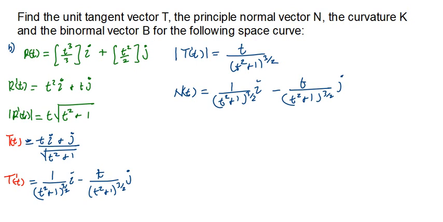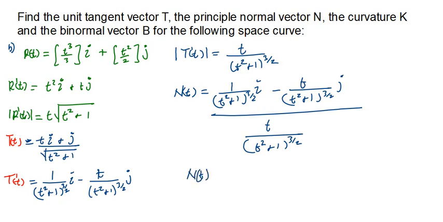We are dividing by t over (t squared plus 1) to the power 3 over 2. When you simplify that, your principal normal vector gives you something like 1 over t in the i minus j.